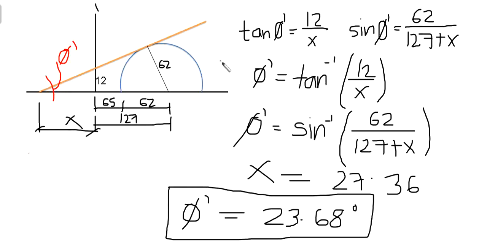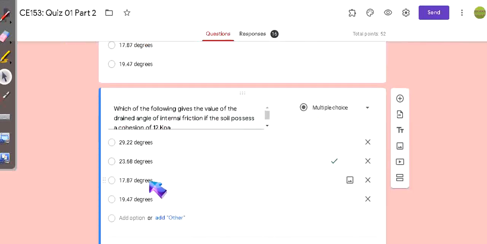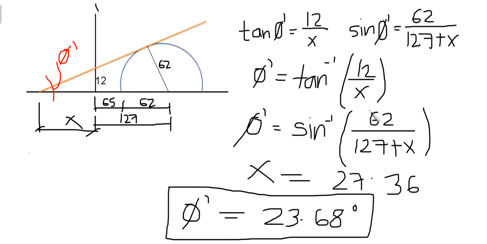And of course, yung ating internal friction angle sa ating drain soil na 23.63 degrees. So, ito yung magiging sagot natin sa question number 3. So, ito yung magiging sagot natin. 23.68 for problem number 1.